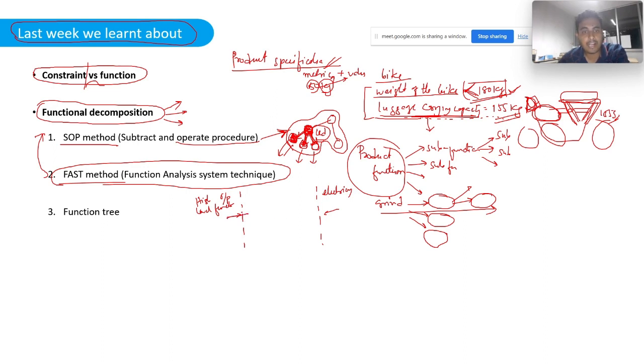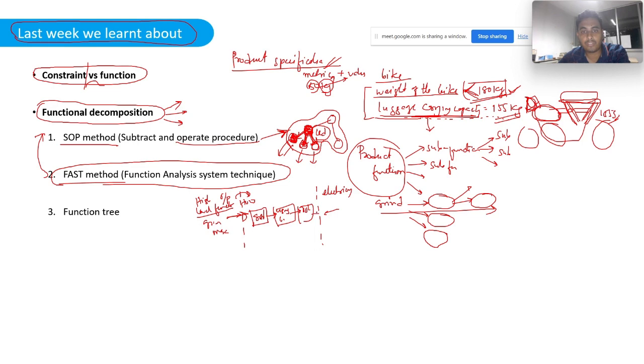And then we start asking how. For example, for a mixie grinder, if the high level objective is to grind masala, then we ask first how. Then you say, okay, you grind it. So how to grind? You say using a blade. Then how? You say a rotating blade.